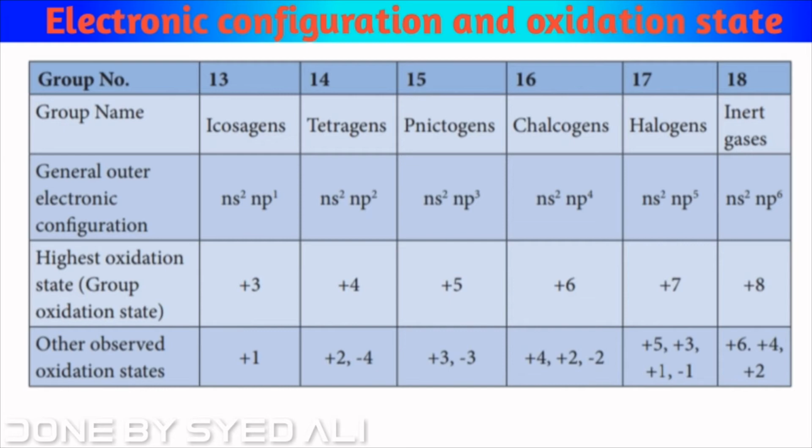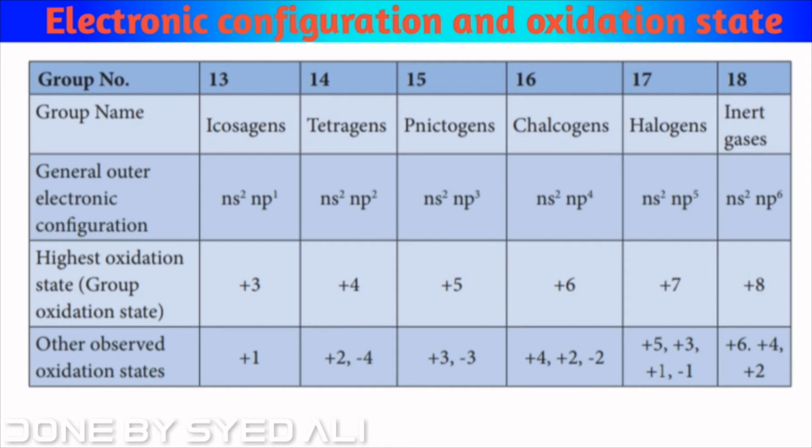Here -1 is most common for halogen groups, as inert gases have the same thing, but they do not react with any other elements. But here they have given the highest oxidation state for inert gases or noble gases as +8, based on the electronic configuration.